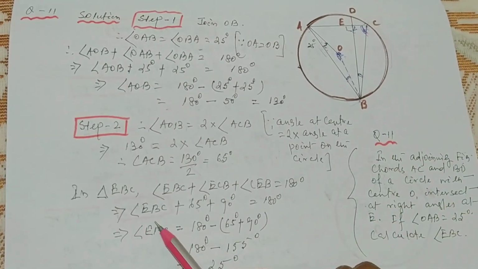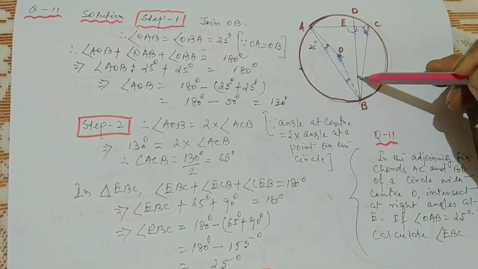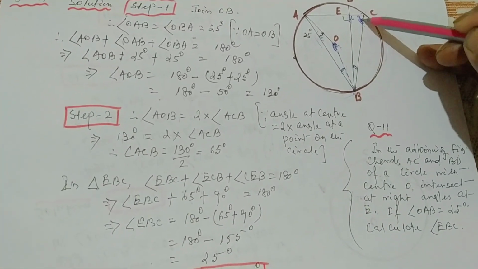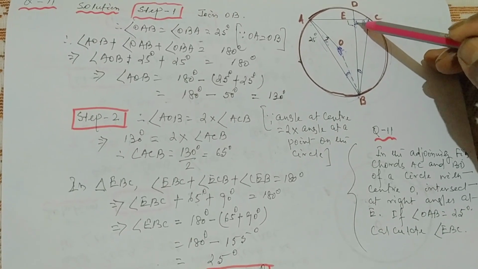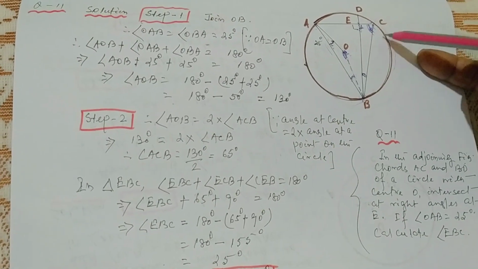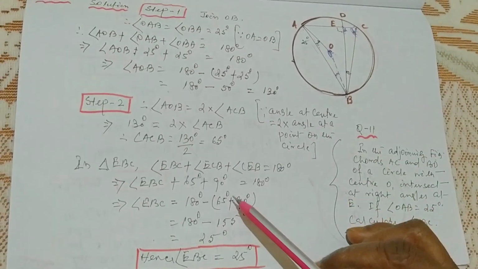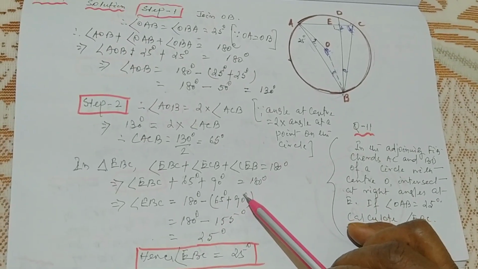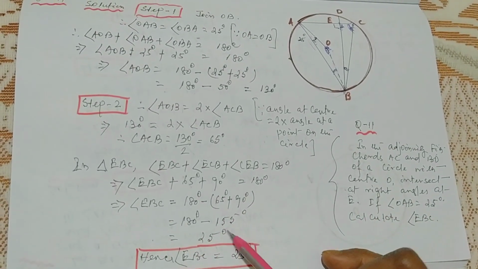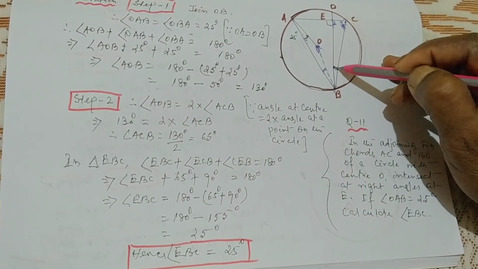So angle EBC plus value of this angle 65 and value of this angle is 90 degree. So angle EBC is equal to 180 minus sum of these two angles, that is 65 plus 90, that is equal to 180 minus 155 degree, that is equal to 25 degree. The value of this angle is 25 degree. This is the answer.